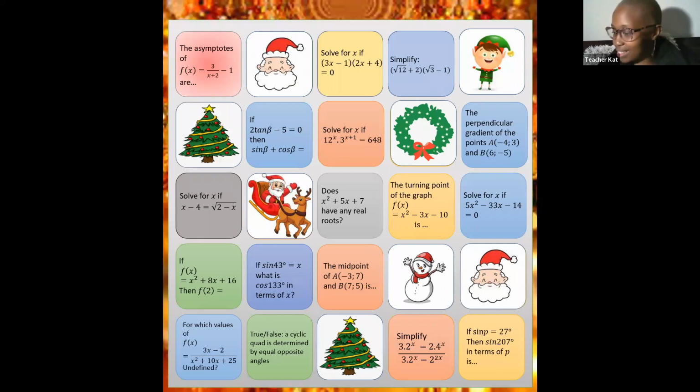Timer has started. Does x squared plus 5x plus 7 have any real roots? And when you give me your answer, please try and give me a reason. I just want to see something.